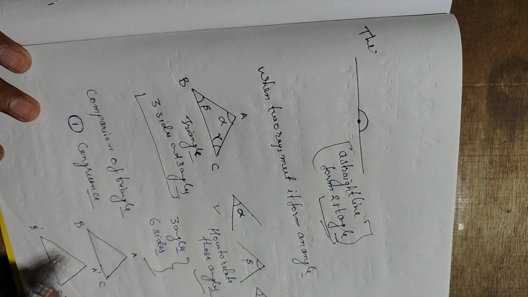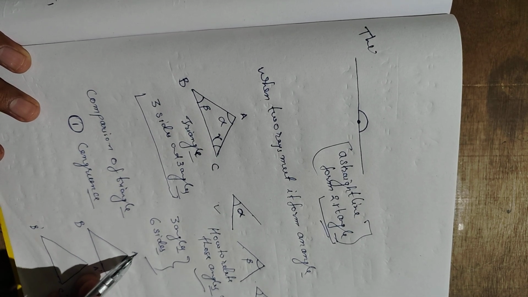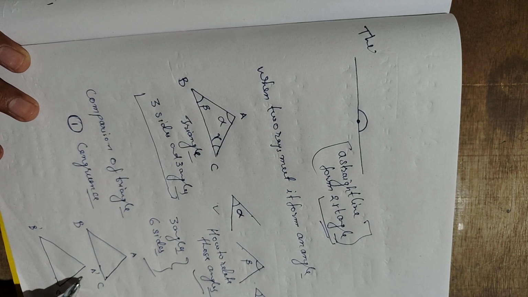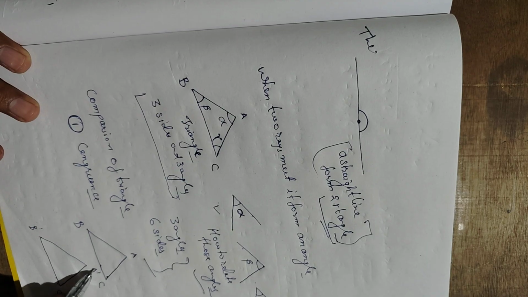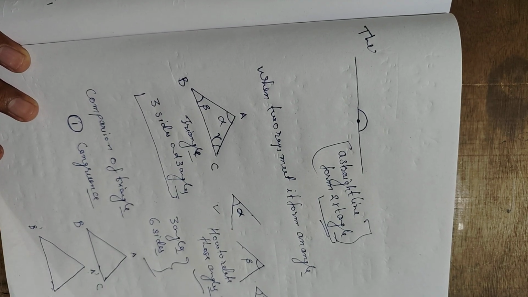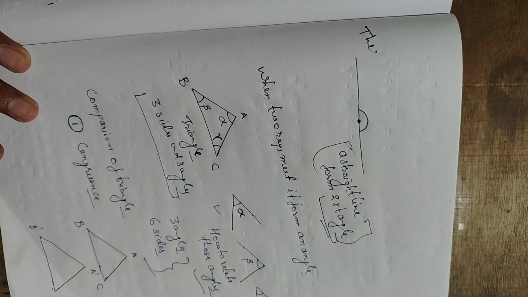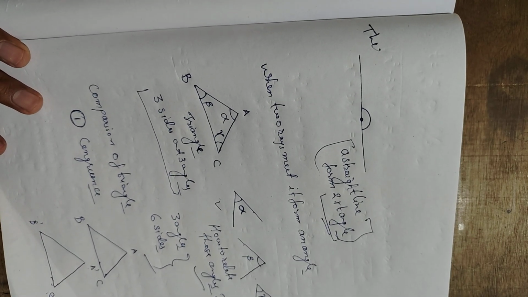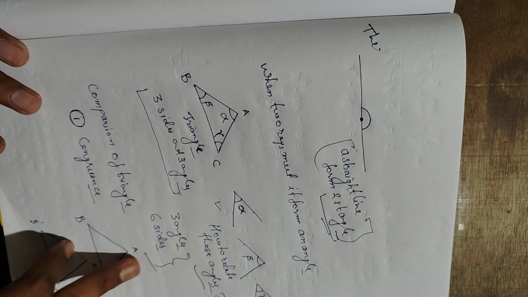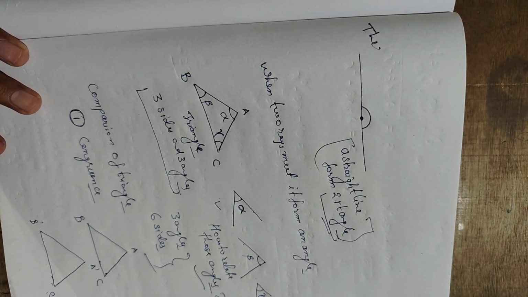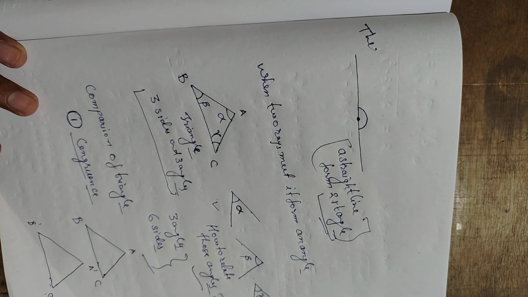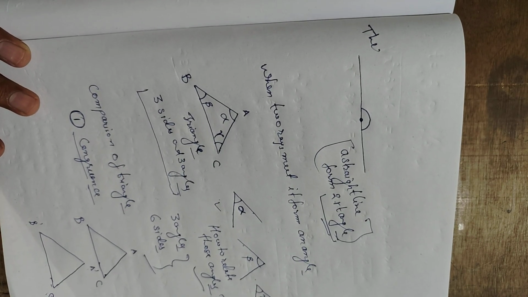So AB lies on A dash B dash, A dash C dash lies on AC, and B dash C dash lies on BC, and the areas are equal. That's congruence, so we don't need to study it in depth.